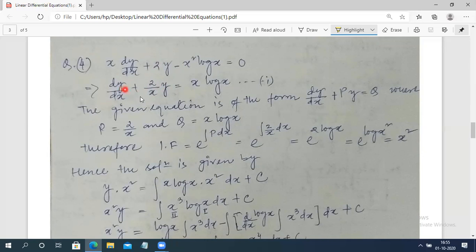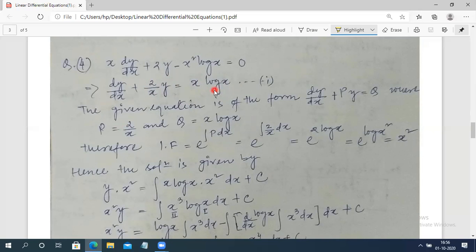This is dy by dx, so p into y is equal to q, where p and q are the function of x alone or x only, or it may be constant, but here you can see that p and q are the function of x alone. So p into y is equal to q, where p is your 2 by x and q is your whole term x log x.